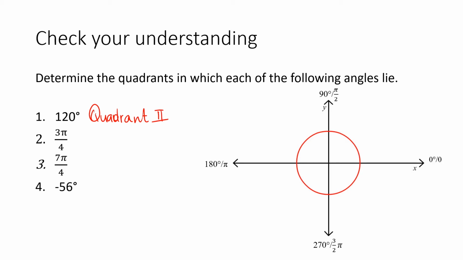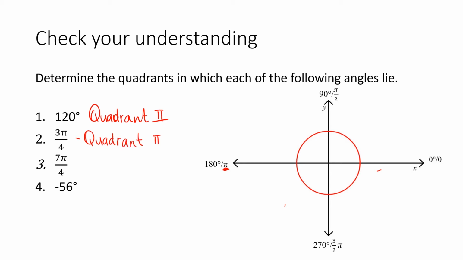Now let's work with radians. We have 3/4 pi. Now here is pi radians, or in other words 1 whole, 1 pi. But we have 3/4. 3/4 of pi is more than 1/2 and less than a whole. So this also falls in the second quadrant.